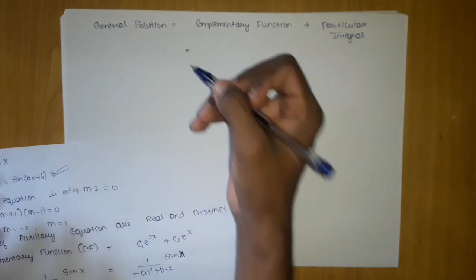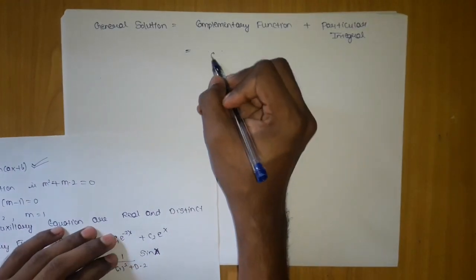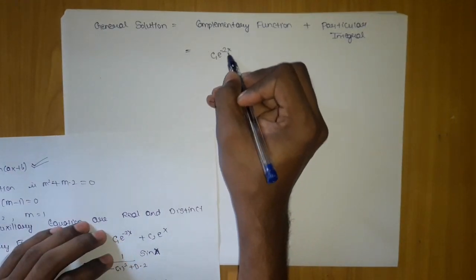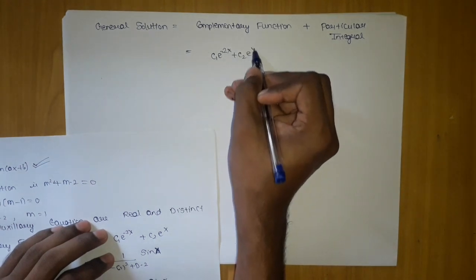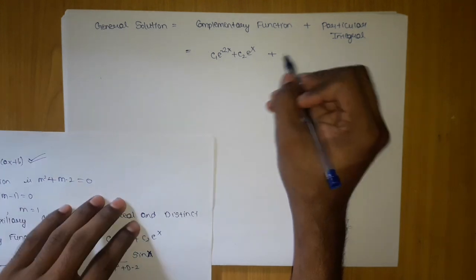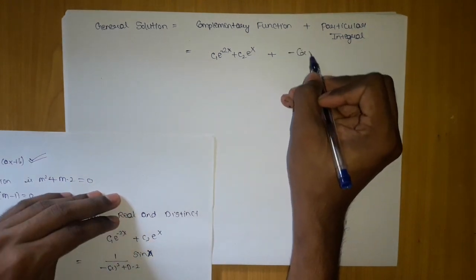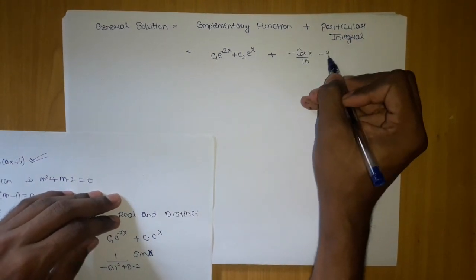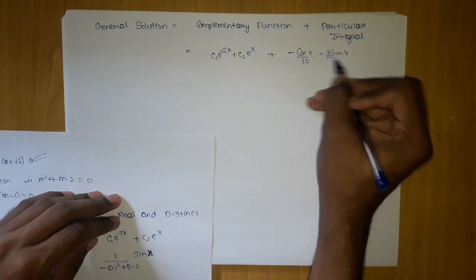After writing this, we can write the complementary function c1 e to the power minus 2x, c2 e to the power x, and after this we are going to write here the particular integral minus cos x by 10 and minus 3 sin x by 10. So this is your complete answer.